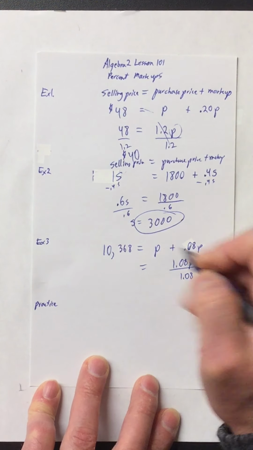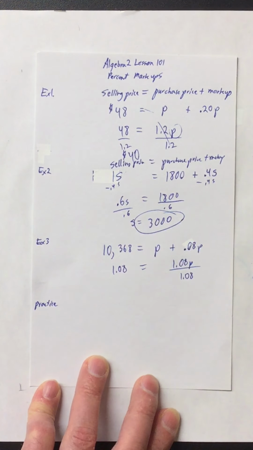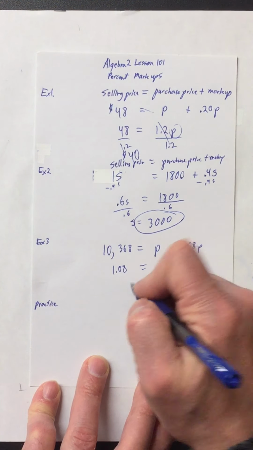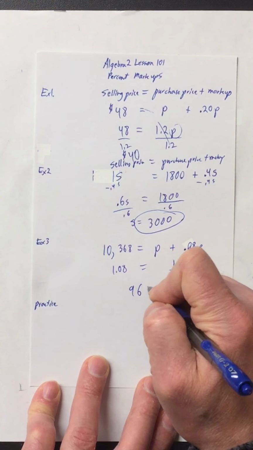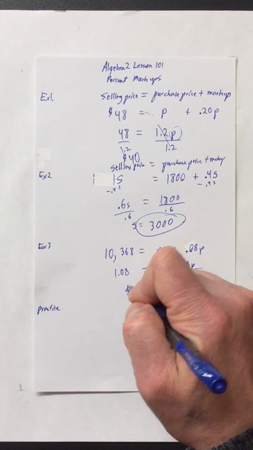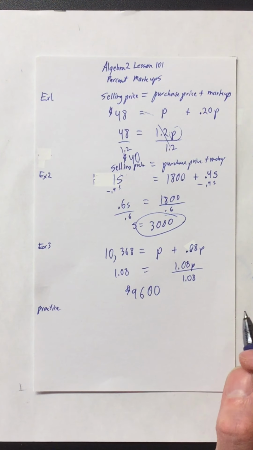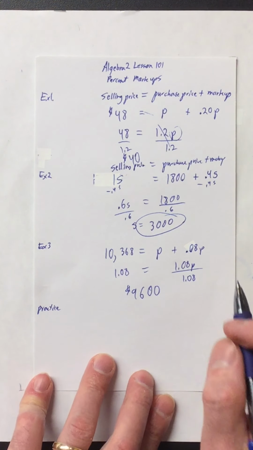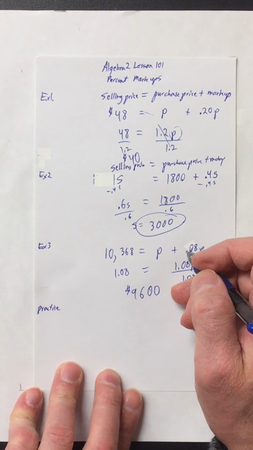So divide both sides by that. 10,368 divided by 1.08 equals $9,600. That is what the purchase price was, and then they marked it up to sell it and make a profit.